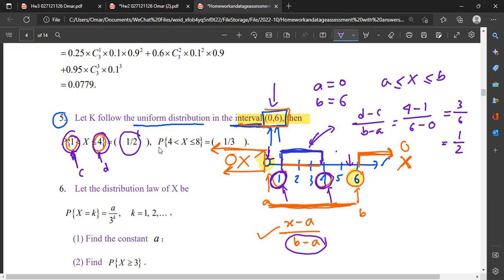And now let's see here. The probability of x greater than 4 and less than or equal to 8. But if you see here, the interval is between 0 and 6, and we got 8 here, right? 8 is out of the interval that is given here.